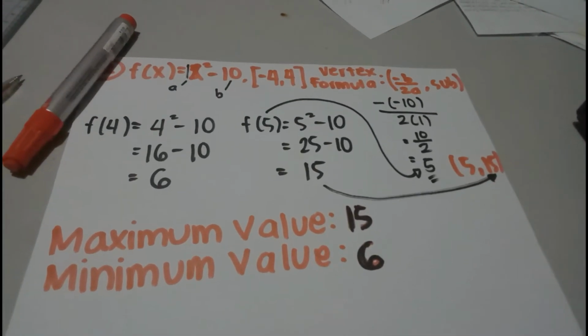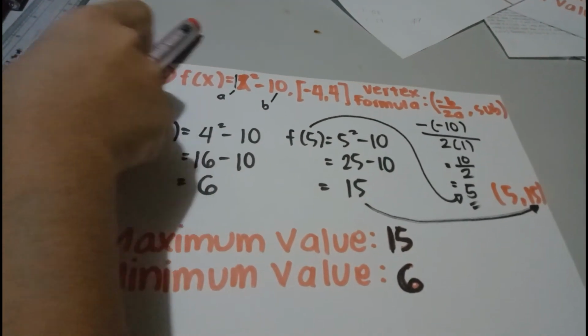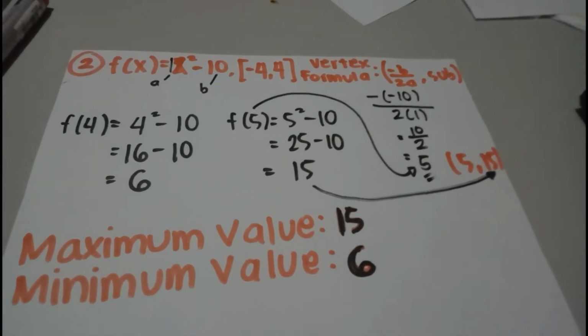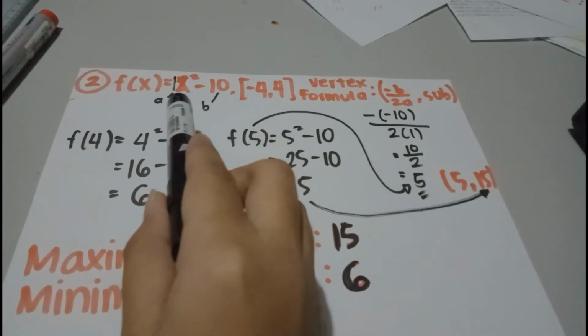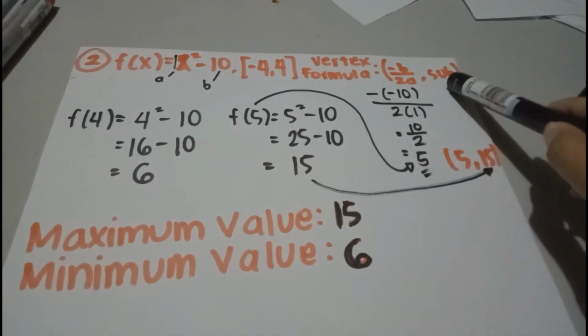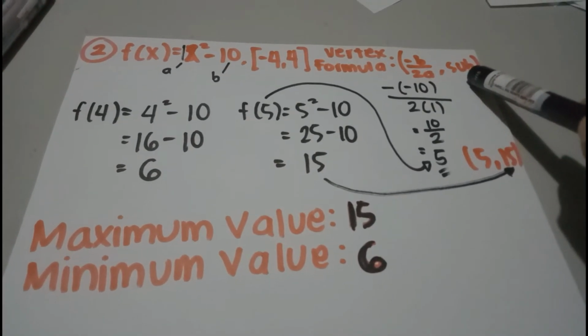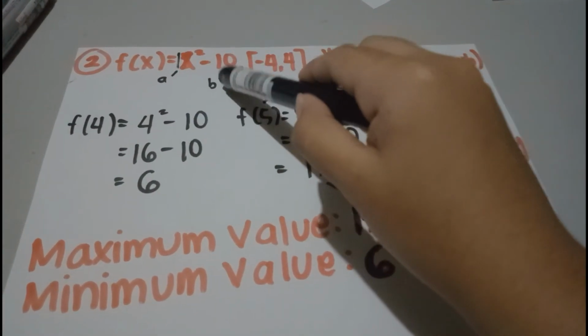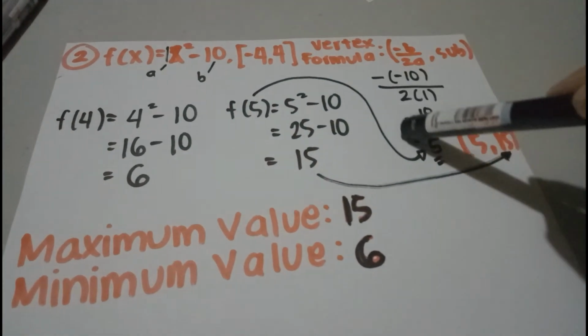The next example is a quadratic equation. In this case, we will need to use the formula -b over 2a and substitute. The a and b will come from the equation x squared minus 10.